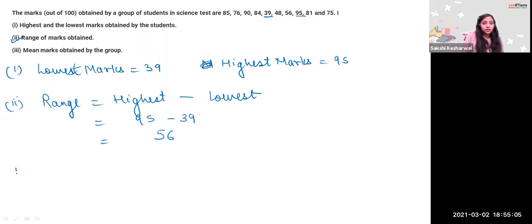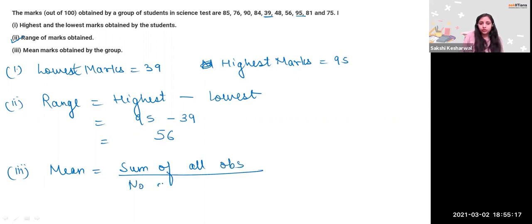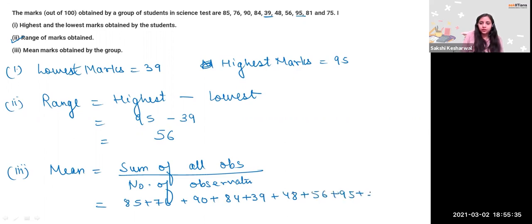Now, what is the mean? The mean formula is the sum of all observations divided by the number of observations. So you just add them up: 85 plus 76 plus 90 plus 84 plus 39 plus 48 plus 56 plus 95 plus 81 plus 75.